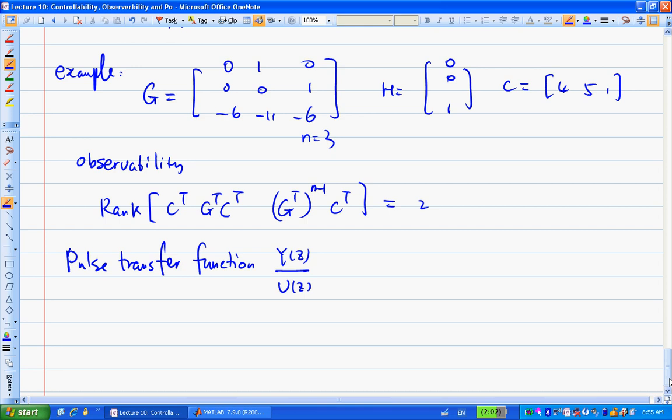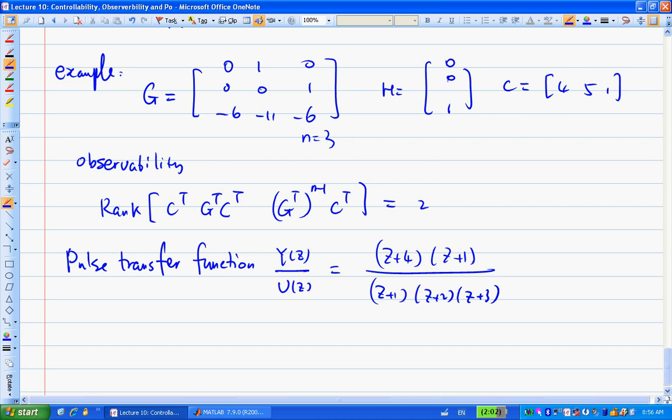In the previous lecture, we derived the pulse transfer function formula, but in this case you derive it slightly differently. Look at the lecture; I'm going to skip the steps here. What you're going to see is that the pulse transfer function ends up with this.